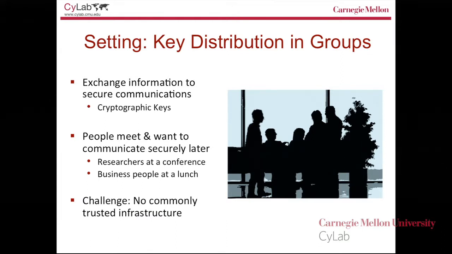We want to ensure authenticity of that cryptographic key. So we might leverage a physical interaction, like a meeting or a phone call, to pair an actual physical meeting, where you can assure yourself of the person you're communicating with, and an actual digital exchange. And we want to do this in a way that's easy for people to use, where there's no currently commonly trusted infrastructure, an open infrastructure.